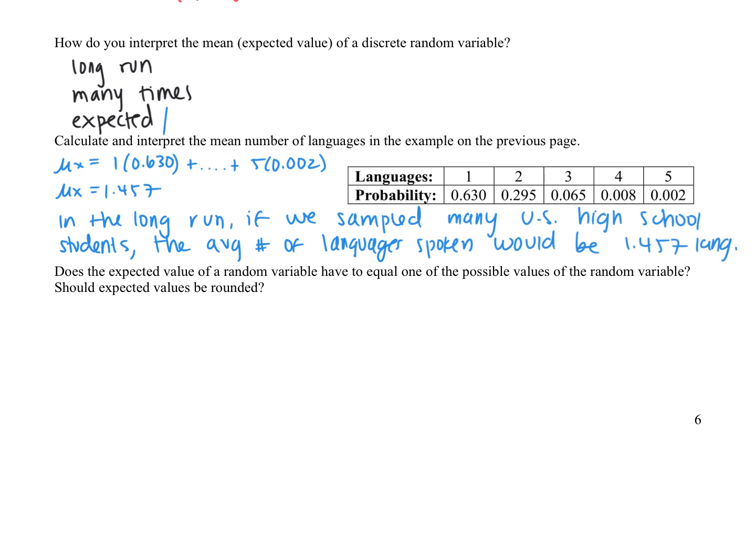So I guess above I should have said expected/average. You're using whichever term makes sense. Saying we expect 1.457 languages doesn't really make sense.